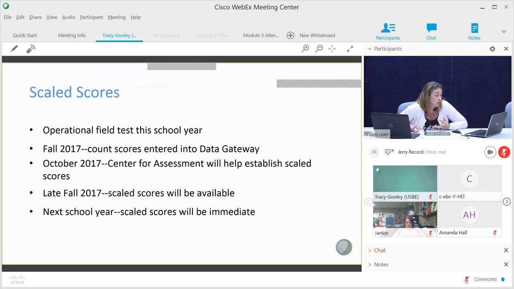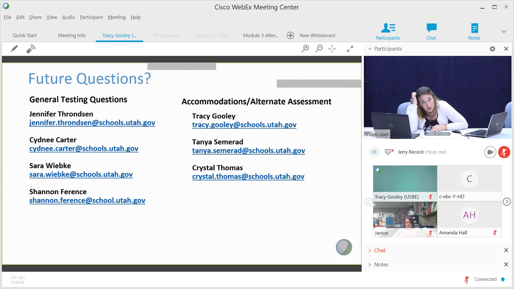That's what they're going to help us determine. So knowing that it's an operational field test, kind of a pilot year, especially for the rubric, your feedback and your scores will all go into play and help us determine with those psychometricians what this should really look like. So we definitely want your feedback and are open to what you think is best for kids with this rubric.